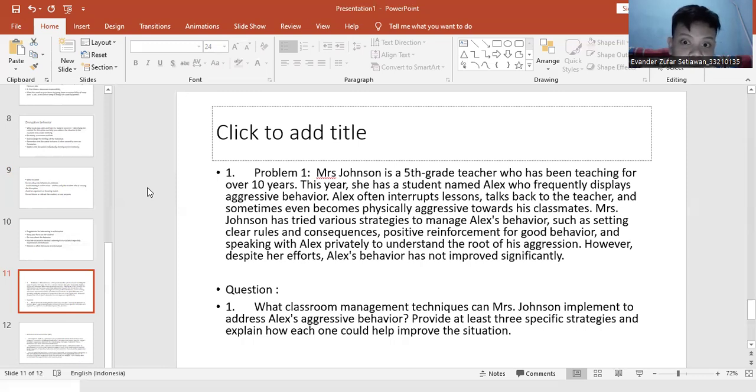Mrs. Johnson has tried various strategies to manage Alex's behavior, such as setting clear rules and consequences, positive reinforcement for good behavior, and speaking with Alex privately to understand the root of his aggression. However, despite her effort, Alex has not improved significantly. Question: what classroom technique can Mrs. Johnson implement to address Alex's behavior? Provide at least three specific strategies, and explain how each one will help improve the situation.